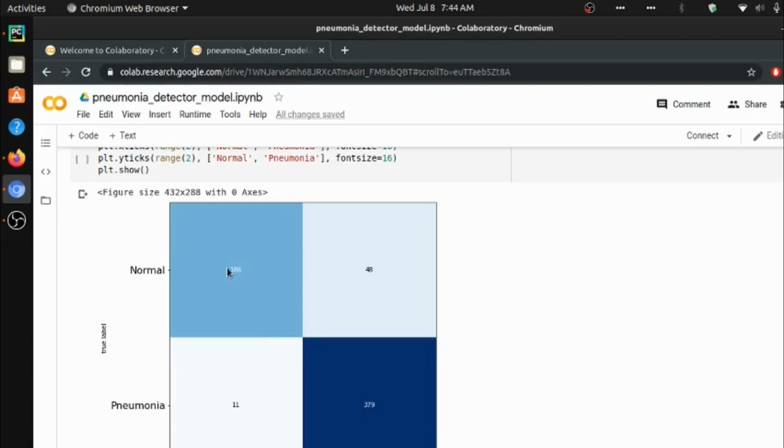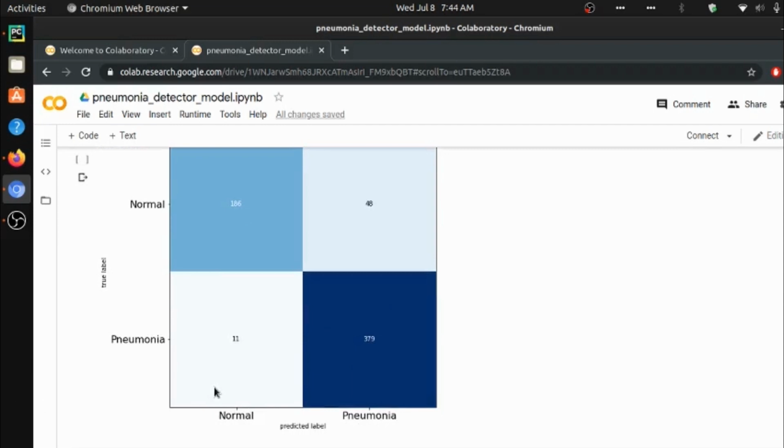So, out of, suppose, 220 patients, we can predict that 190 patients are normal, and around 50 normal patients are predicted to have pneumonia. When the person has pneumonia, we are predicting it to be normal in only 11 cases.